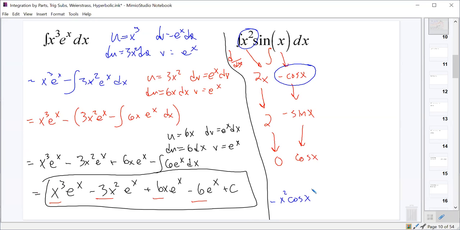But then the next one will become a minus, and it will be this one times this one. So this becomes minus negative 2x sine x. And then the next one, since that one was a minus, the next one should become a plus.